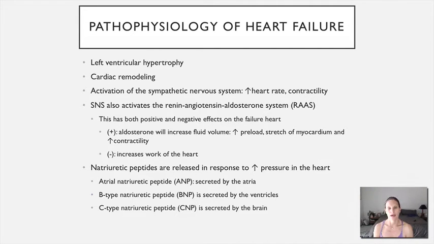The other thing the renin-angiotensin-aldosterone system will do, in addition to what we just talked about, is cause a release of aldosterone. The job of aldosterone in this capacity is to cause a retention of sodium and water, mostly at the distal tubules, which has a beneficial effect of increasing the fluid volume, so it's going to increase preload, and it's going to stretch the myocardial fibers, which would increase contractility in a normal situation.